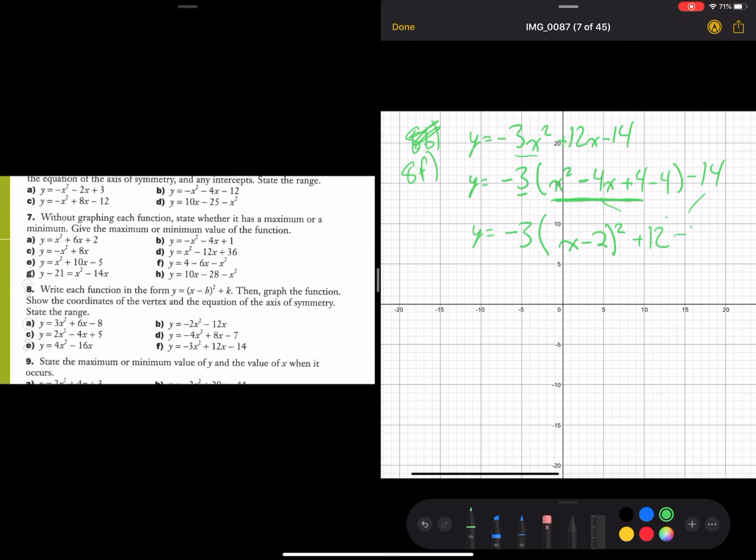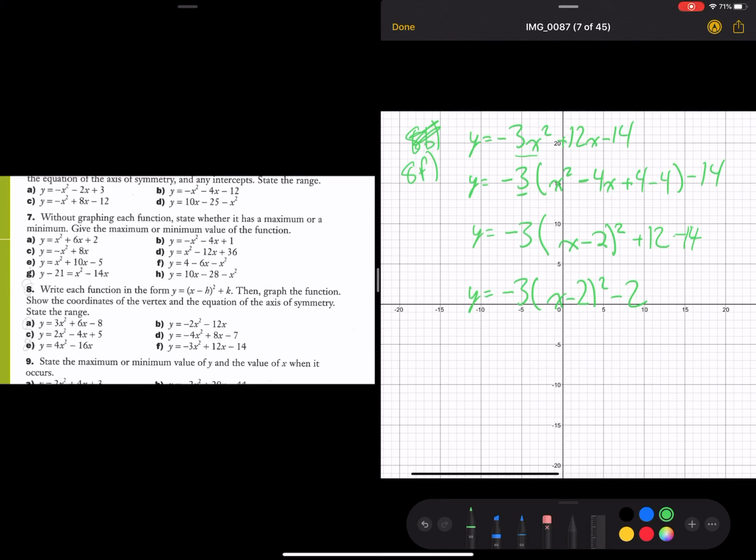And then this minus 14 comes into the mix. Minus 14. And what do we end up getting? Y equals minus 3 times x minus 2 squared, minus 2. All right. We're almost done.